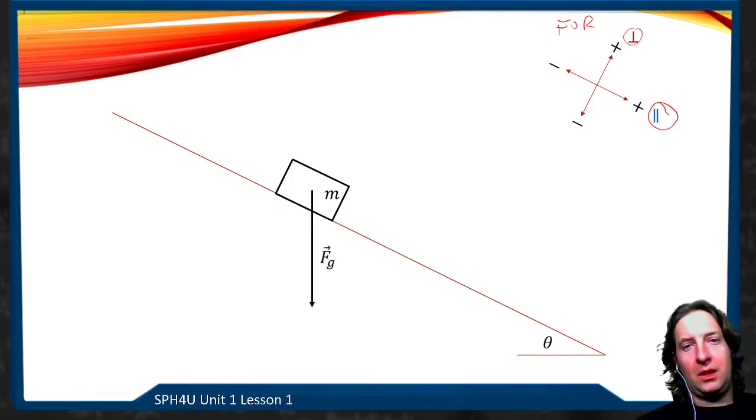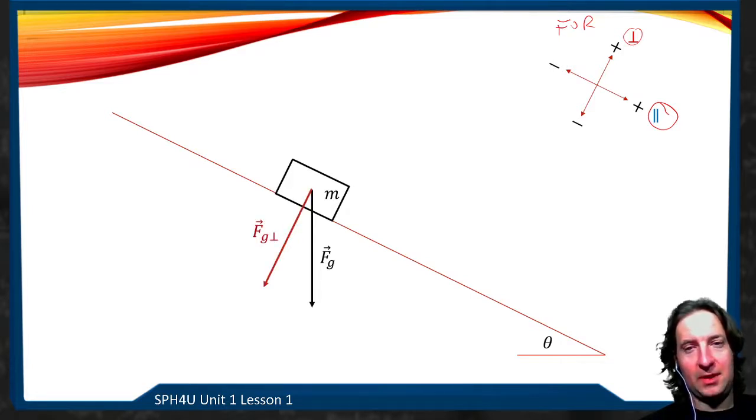So let's now think about some dynamics. First thing we can think about is the fact that gravity is going to be acting on this object. Gravity is the main source of its motion, right? Gravity is going to be pulling it down, but gravity is going to be pulling it towards the center of the Earth, not down the ramp. So we're going to need to take our gravity vector, which is not in one of the directions that we picked as our frame of reference, and break it up into components.